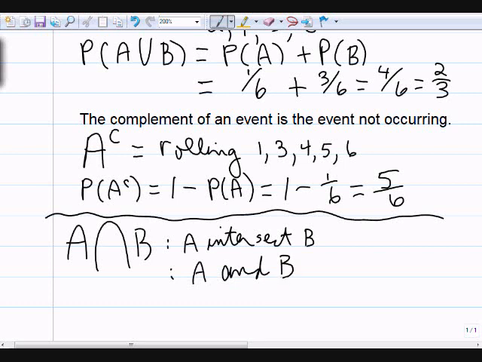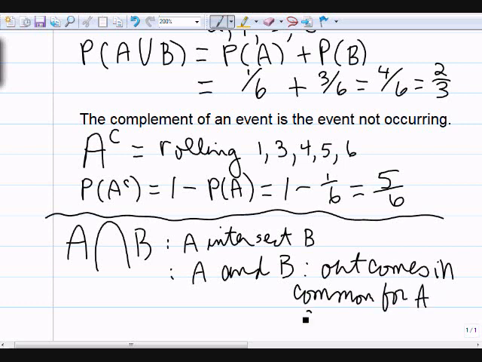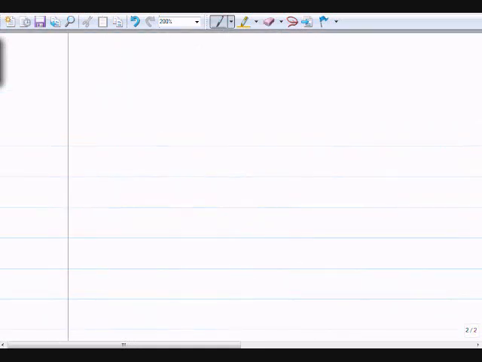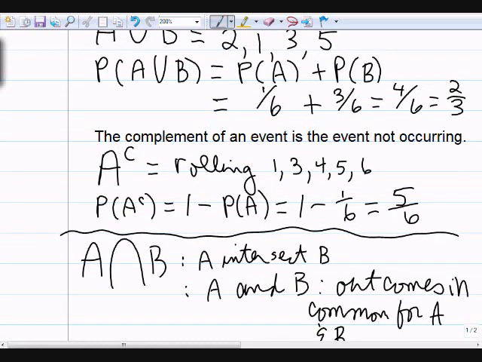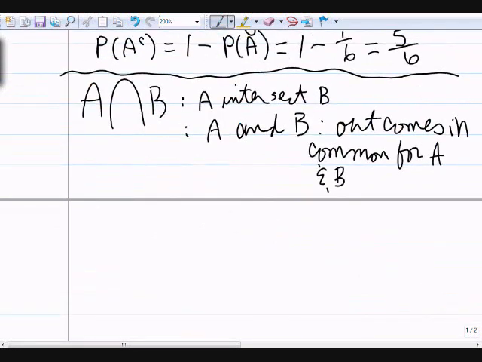So if I say A and B, that's going to be the event that both A and B occur. That's going to be the outcomes in common for A and B. So, are there any outcomes in common?